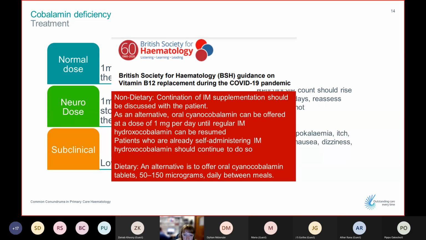As an alternative, oral cyanocobalamin can be offered at the dose of 1 milligram a day until regular IM injections can be resumed. However, patients, if they're already self-administering, then do carry on. And it's suggested that all B12 deficiency secondary to diet should be offered an alternative of oral replacement given between meals.